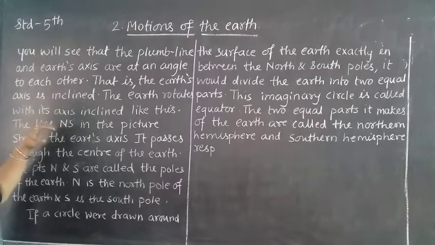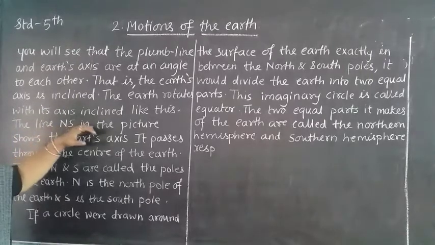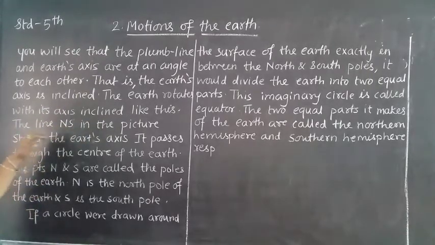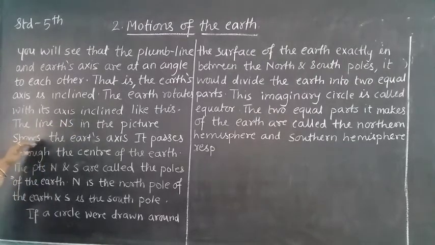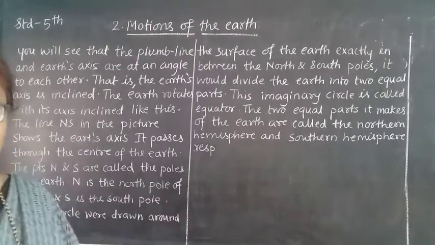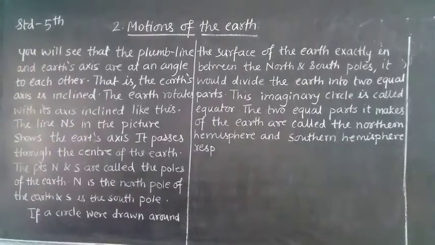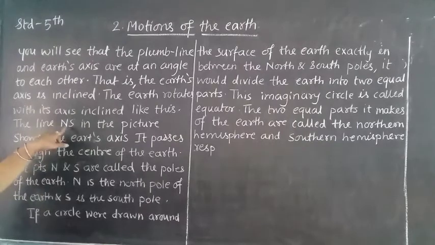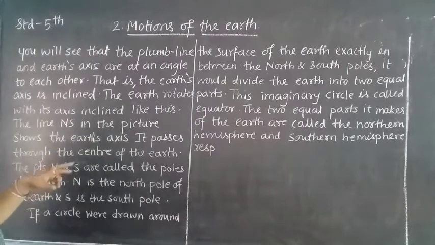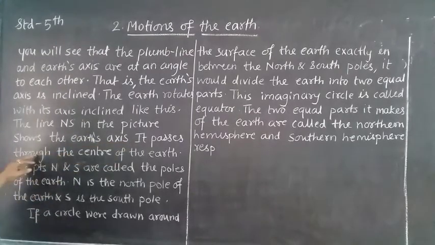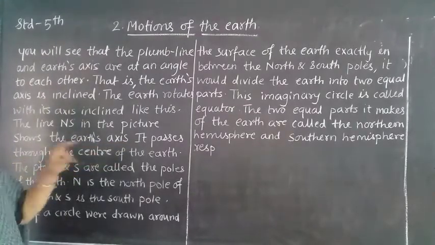The line north-south, the line NS which is shown in the picture, is the earth's axis. It passes through the center of the earth.